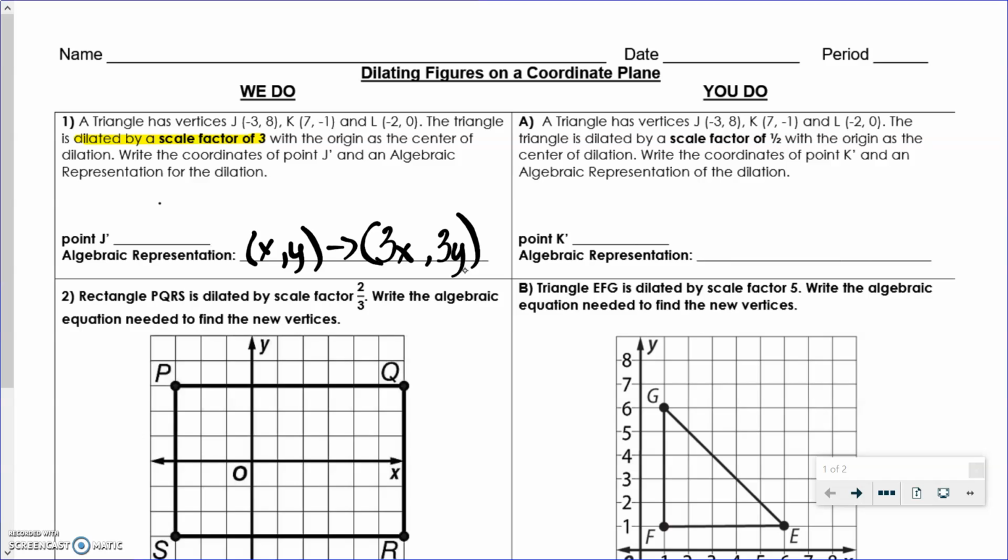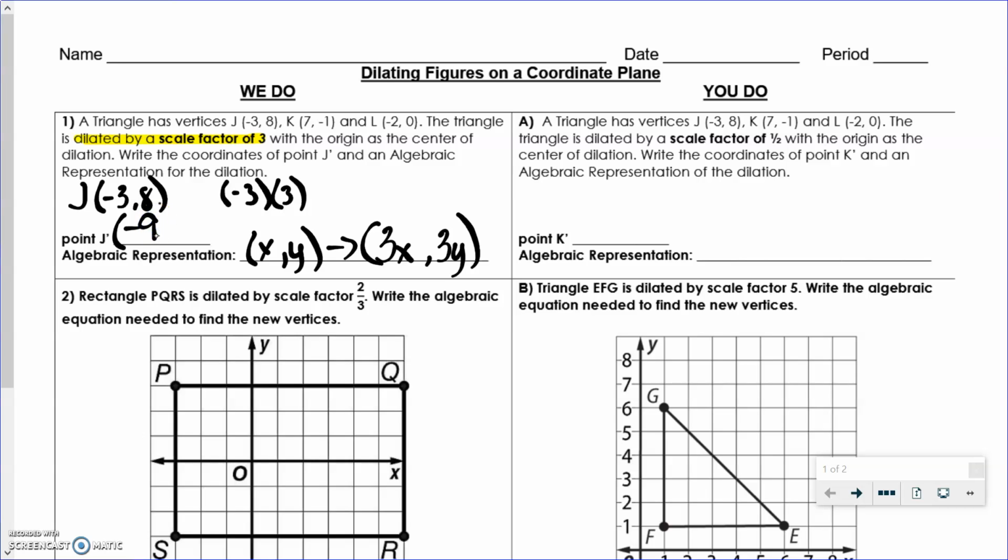Okay. Now in order to get J prime, first I have J, which is negative 3, 8. What I'm going to do is multiply both my x value by 3 and my y value by 3. So negative 3 times 3 gives me negative 9. Okay.